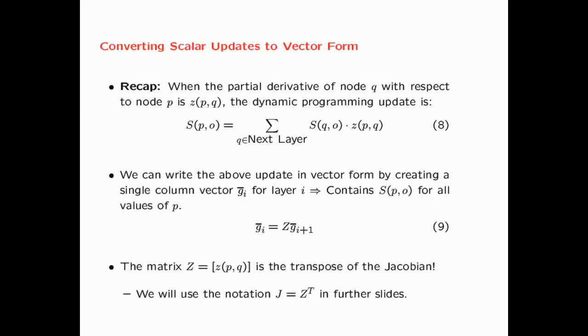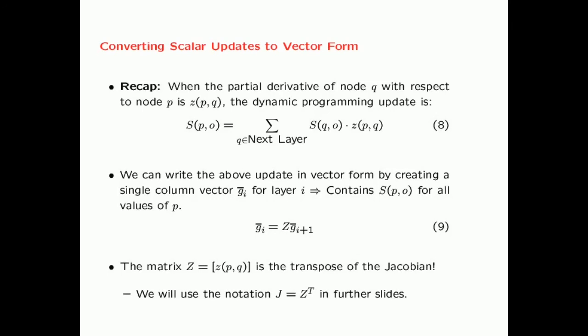We can convert this equation 8 into a vector-wise equation by stacking up all of the equations for all of the nodes in a particular layer. So imagine that S_P^O belongs to layer i. For all of the nodes in layer i, you can write equation 8. So you can create a single column vector g_i whose elements are these different values of S_P^O.